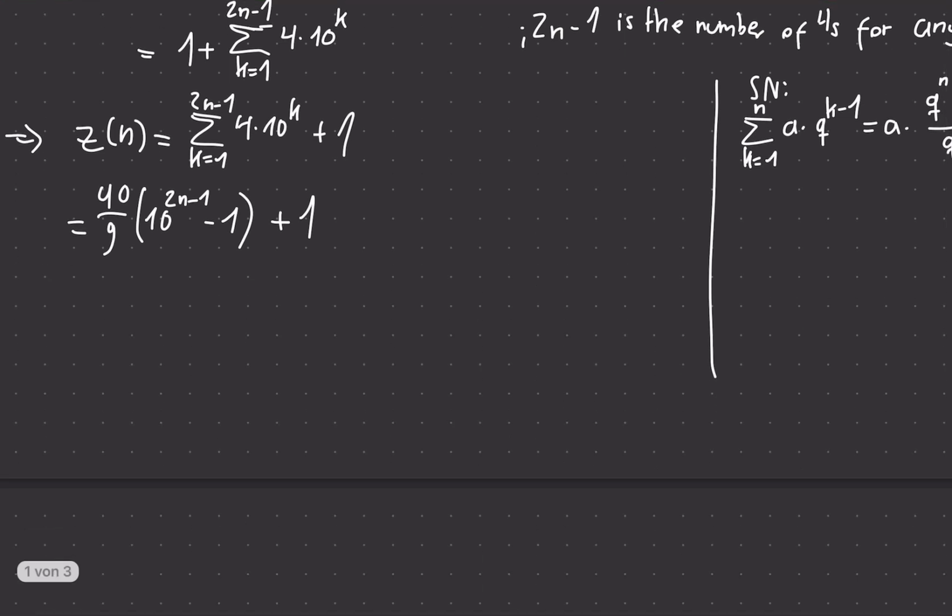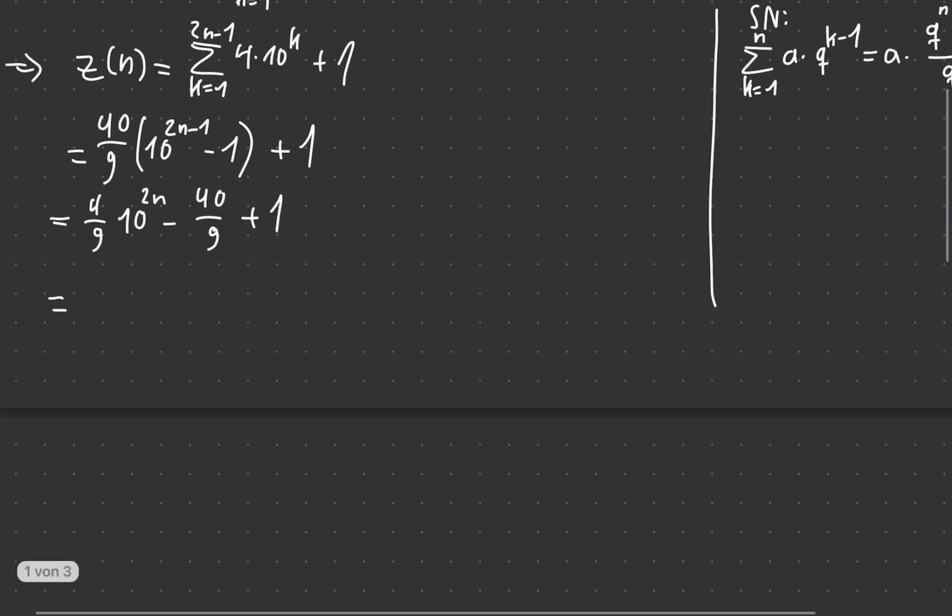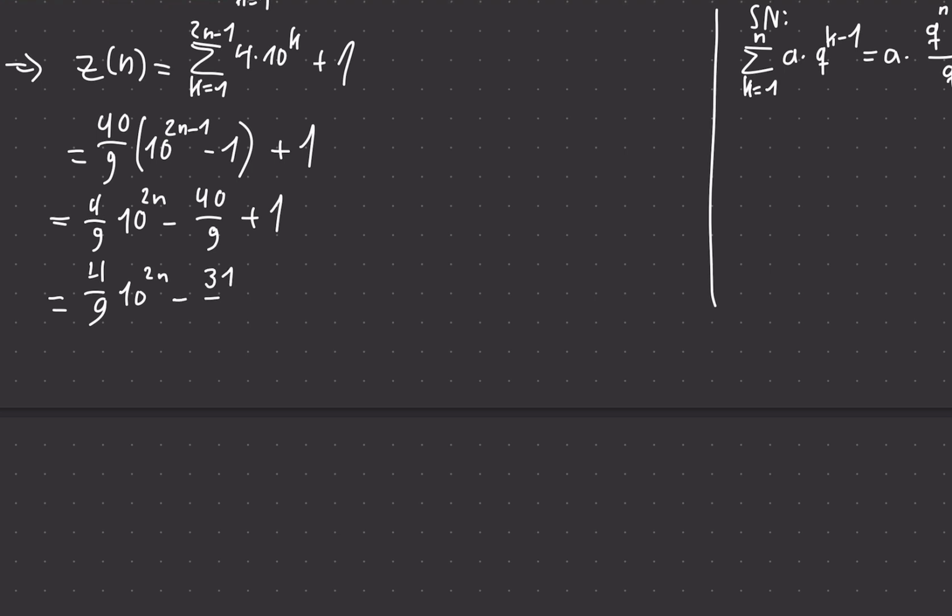You will find out later why, but I'll first expand these brackets. So 40 divided by 9 times 10 to the 2n minus 1 is just 4/9 times 10 to the 2n, minus 40 divided by 9 plus 1, which, adding the 1 to the minus 40 divided by 9, equals minus 31 divided by 9.